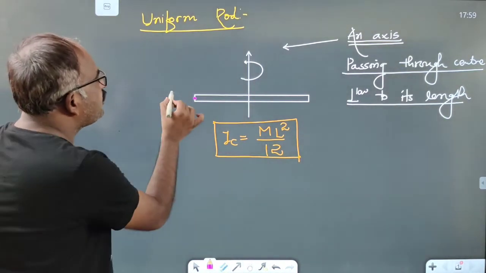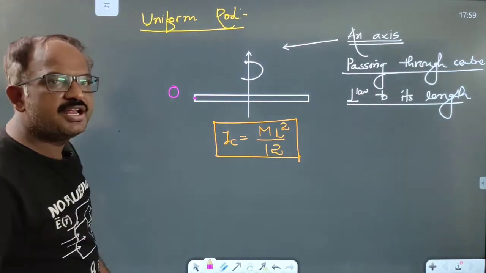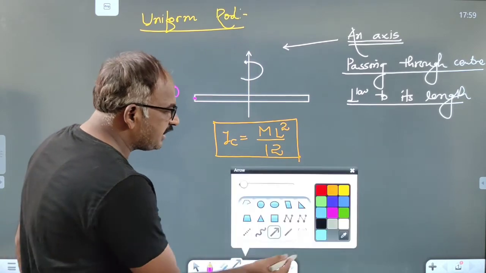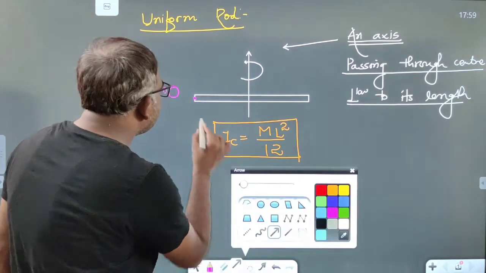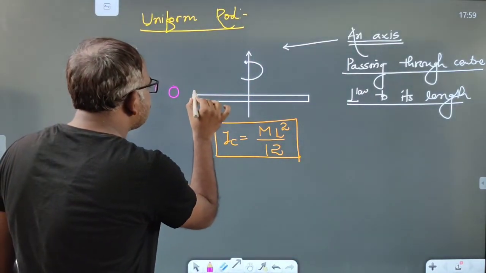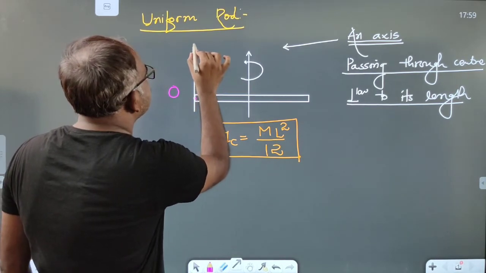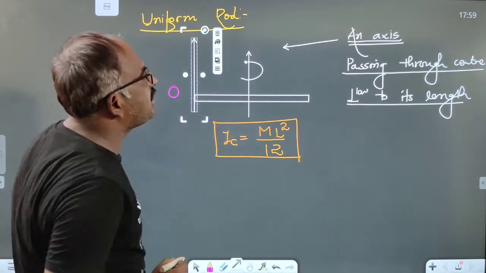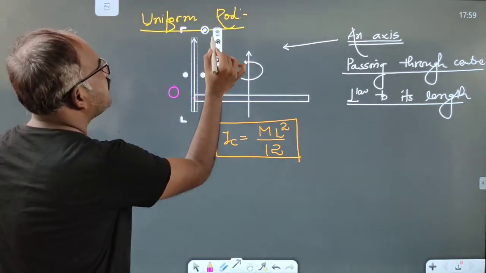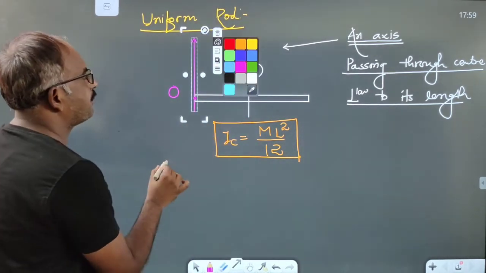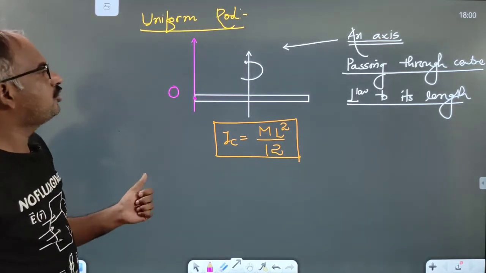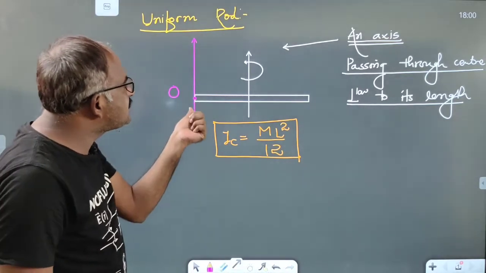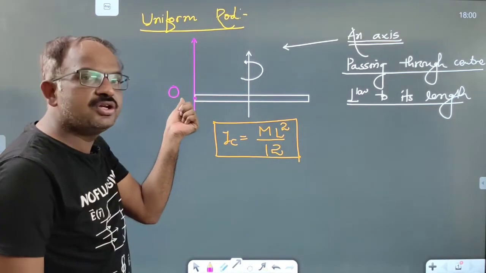This is any point O. I am going to consider another axis, the axis which passes through this point O, of course at the edge of the rod. So this is an axis which passes through the edge of the rod.